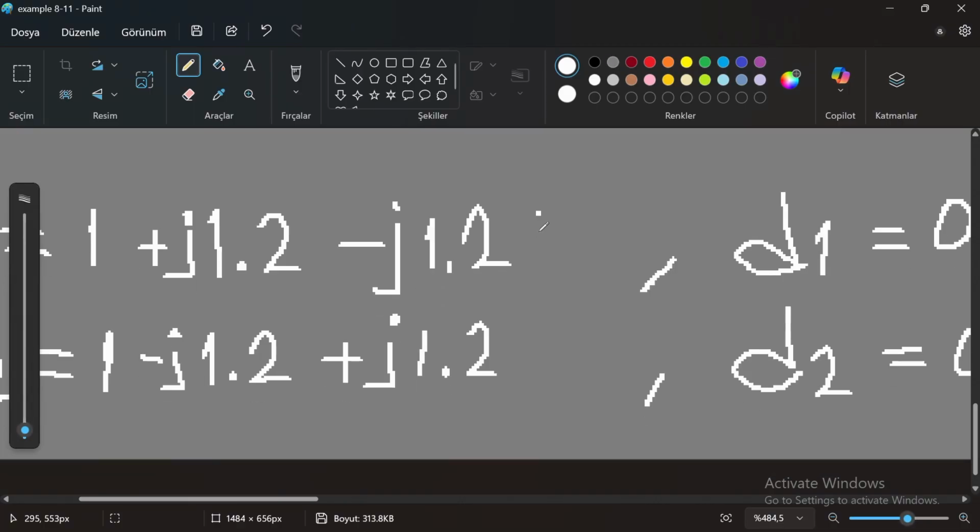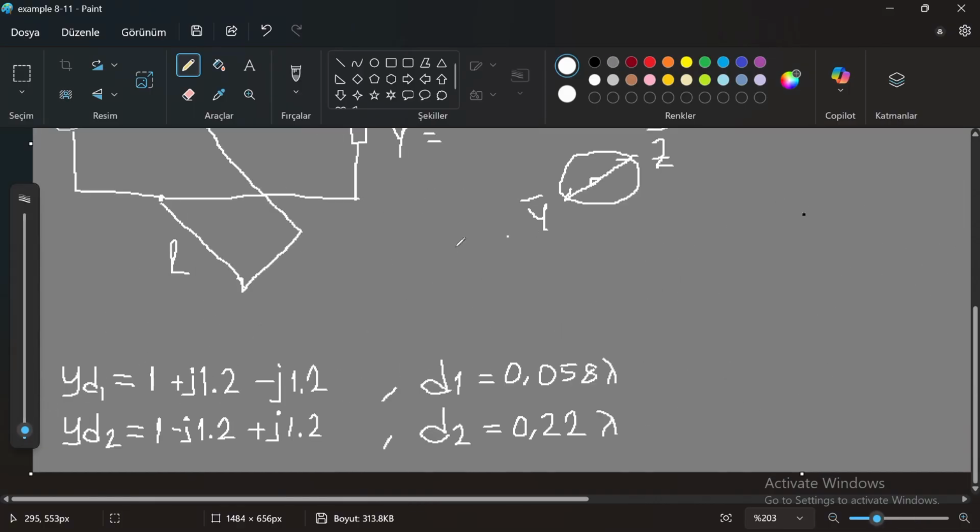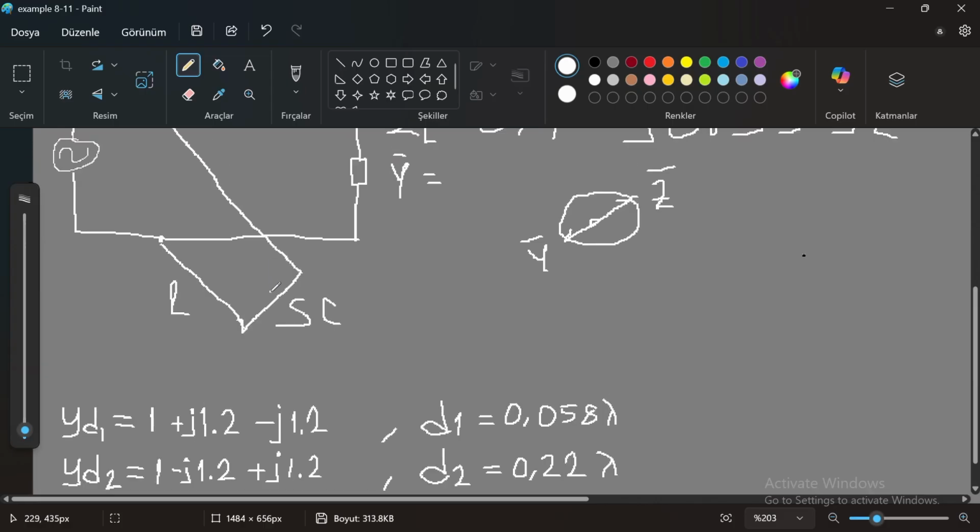Okay, now the short circuit. We need to go from the short circuit to these imaginary values. If we are going towards the generator, we need to travel in the clockwise direction, from short circuit to generator.